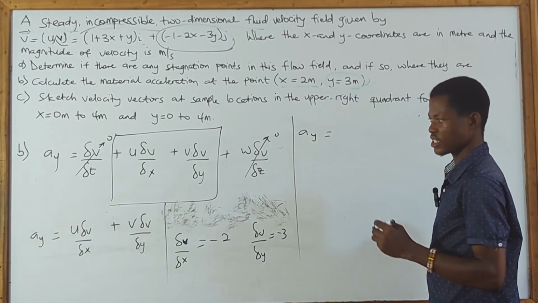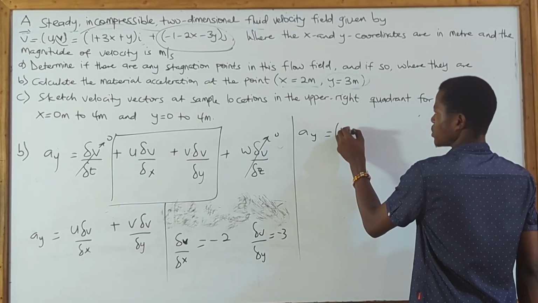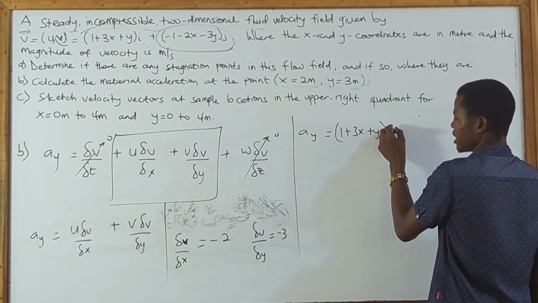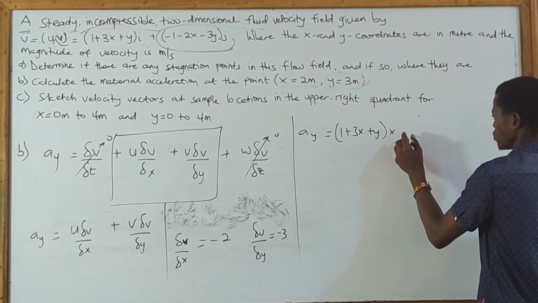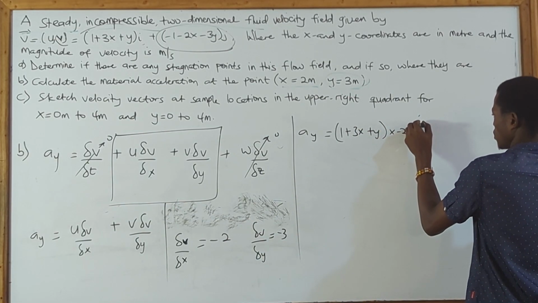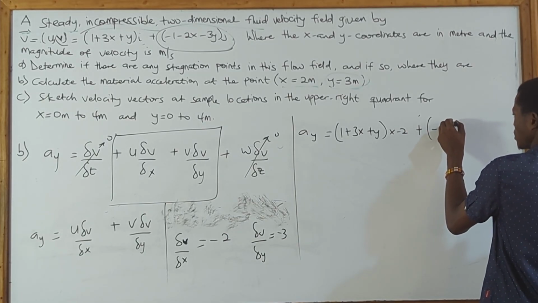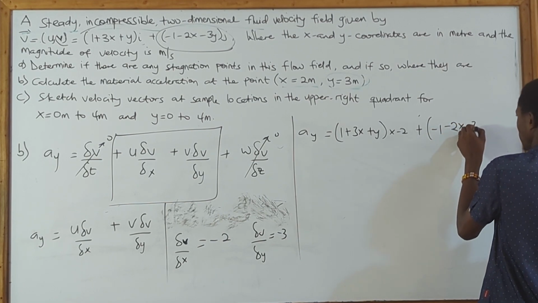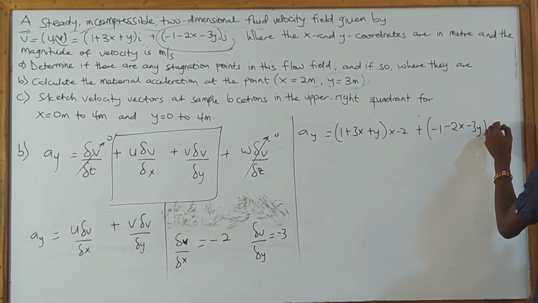So we are going to get the same equation: 3x plus y multiplied by dv dx, which is negative 2, plus the whole equation, minus 1 minus 2x minus 3y, all multiplied by minus 3.